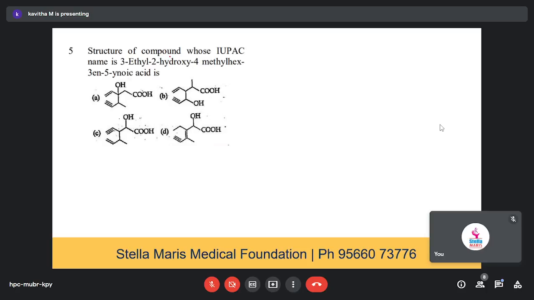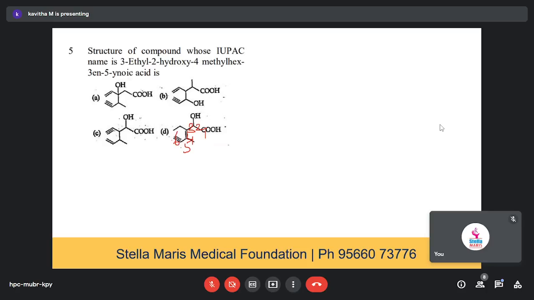You have to say it by the name. So when you number it, the carbon that is in the acid is 1, this one is 2, this carbon is 3, this one is 4, 5, and this carbon is 6.